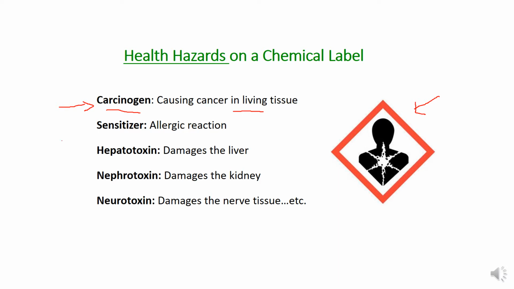And some products may be marked as sensitizers, so they have sensitizer activities, which means they can cause allergic reactions. Of course there are many products that are dangerous, or can damage the liver, so they mention hepatotoxin. Hepatotoxicity may also be mentioned on the label.